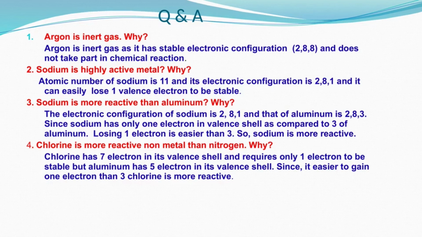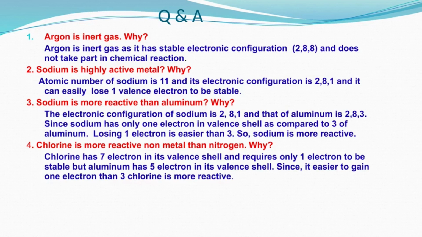So it is a hint to you; you can write in your own way by understanding the concept. Argon is an inert gas as it has a stable electronic configuration of 2, 8, 8 and does not take part in a chemical reaction. That is why it is called an inert gas.